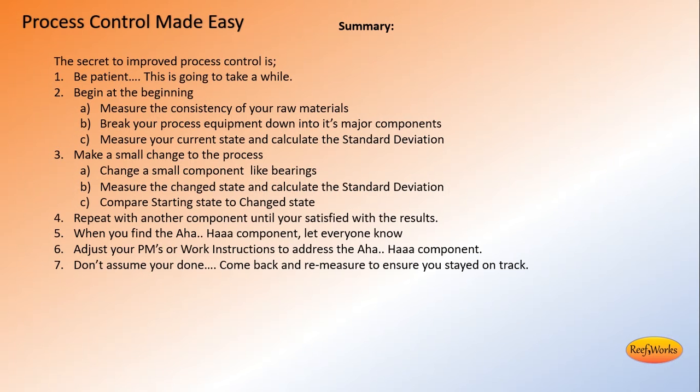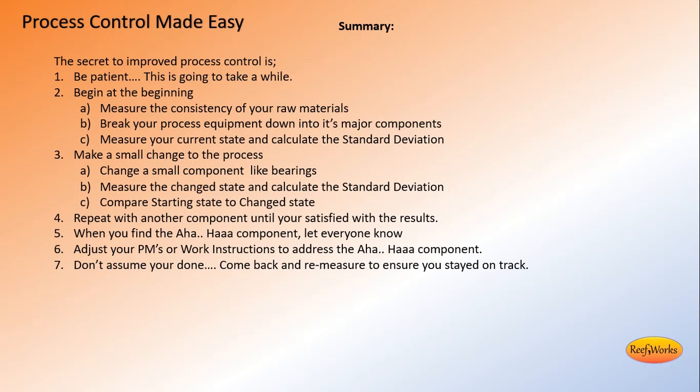And most likely you're going to find something that is going to really change this process, and then you can brag on yourself and show everybody how good you did. So make small changes to the process. Small change, something like a bearing. Most every process has bearings in it. So maybe that bearing's wearing a little bit and it's causing some variation.